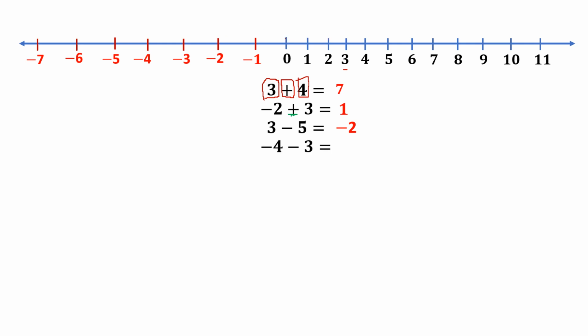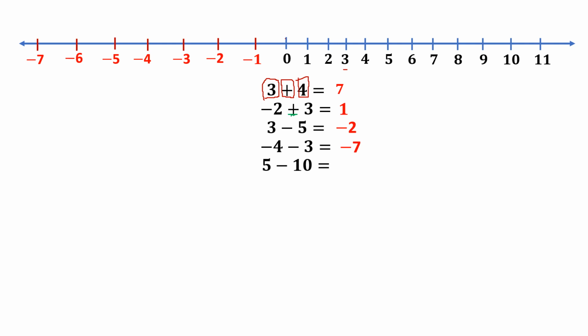Let's move on to the next one. Minus 4 minus 3. Minus 4 is my starting point, and I am moving 3 units to the negative, to the left. So it's 1, 2, 3, and this takes me to minus 7. So minus 4 minus 3 is equal to minus 7.